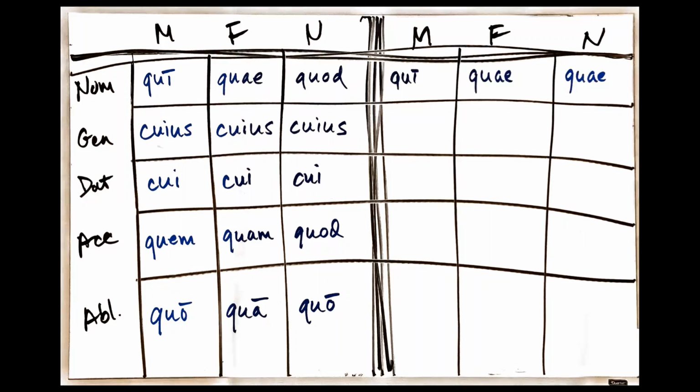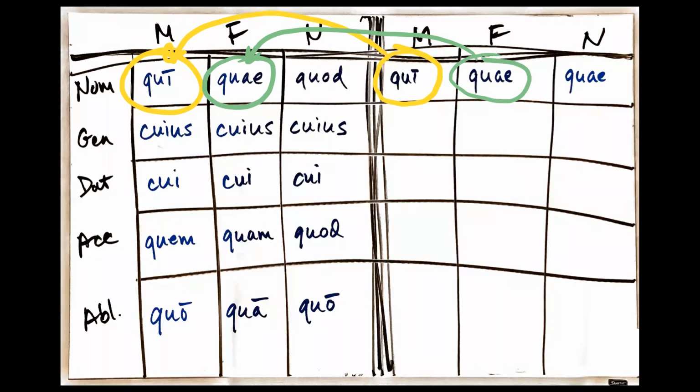And you look at it and you may say, what's going on here? The masculine nominative plural looks like the masculine nominative singular. The feminine nominative plural looks like the feminine nominative singular.